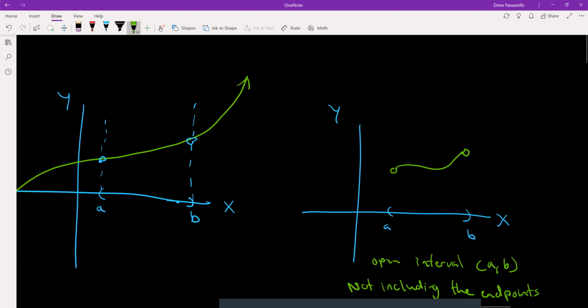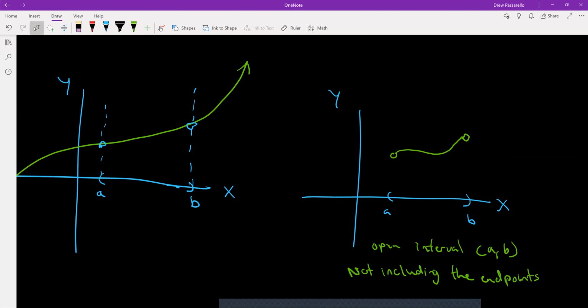And this is a picture of a graph where the function is continuous on this particular open interval. All right, so that's what we're going to talk about first. And before I talk about continuous on an open interval, I need to first discuss what it means to be continuous at a single point.